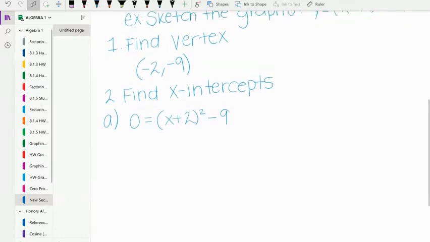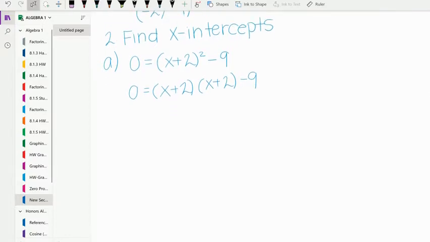All right, so we know that if we have x plus 2 squared, that actually means x plus 2 times x plus 2. So the first thing I have to do is actually multiply that out, because what I'm trying to do is turn this into standard form so that way we can factor it. So I know a lot of us like to multiply using the box, so I'm going to go ahead and do that. So x plus 2, x plus 2.